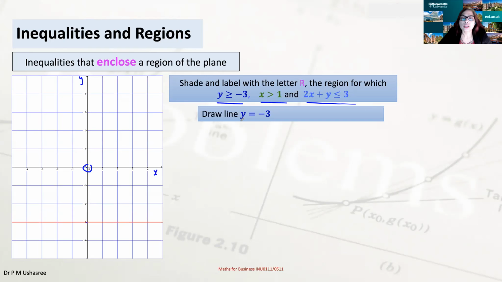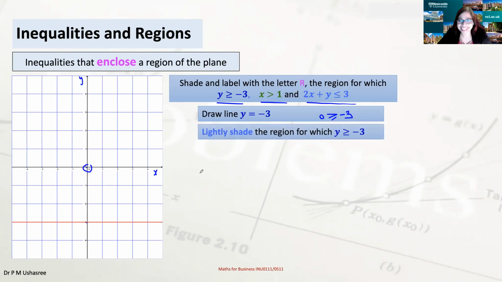So I put the origin there. Is 0 greater than or equal to -3? Yes, it is. So that region is true. So you can shade that region.